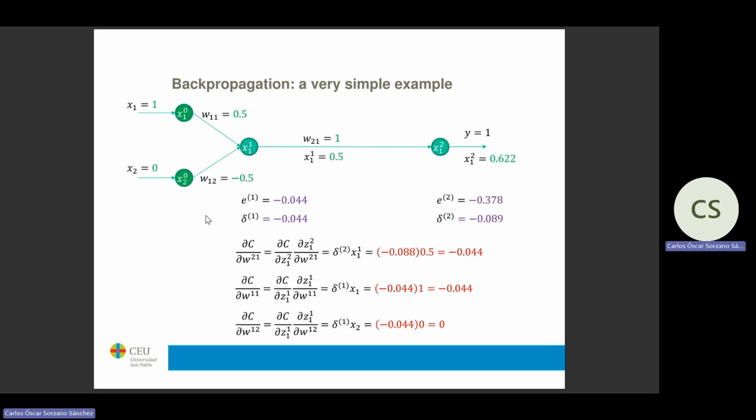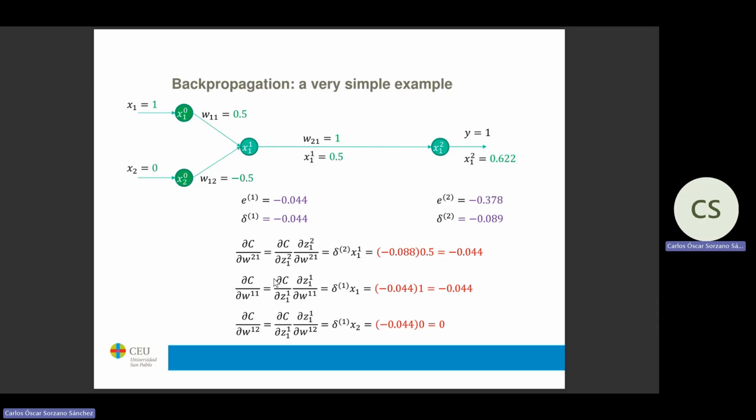And now we have to compute the derivatives with respect to the weights. Okay, so the derivative with respect to the weights, this one is delta 2, and then the derivative of the combination with respect to the weight. But the derivative of this with respect to the weight, it is x1. Okay, so it is delta 2 times x1. And x1 we had here, it was 0.5, so it is this derivative.